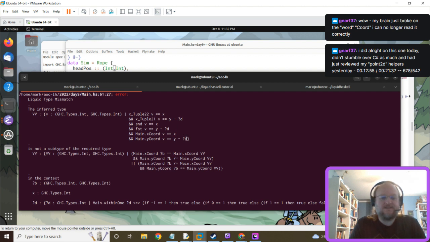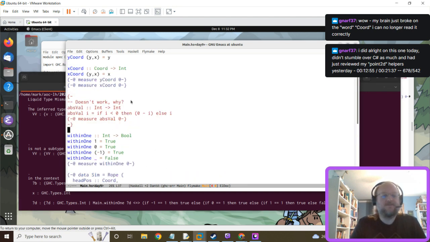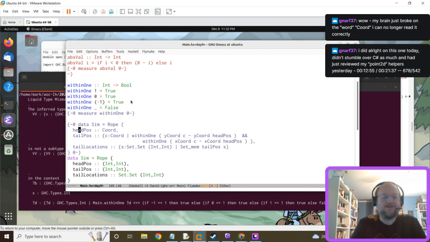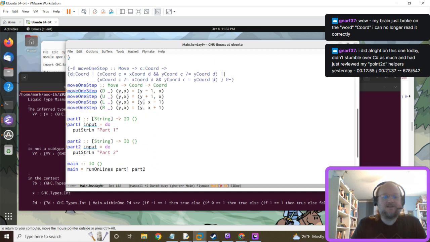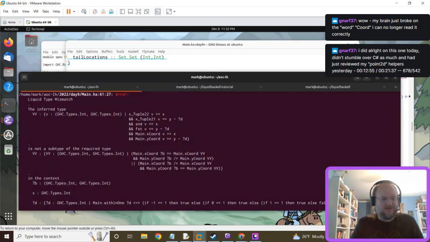So what if we don't treat this as a measure, but we just inline it? Huh. I wonder if that is a bug.